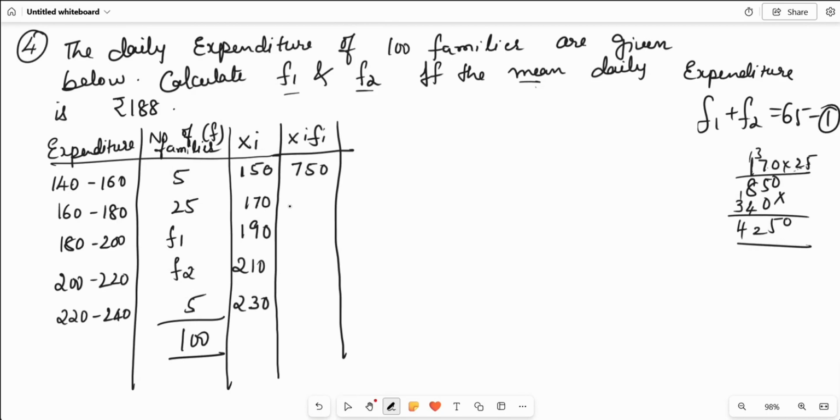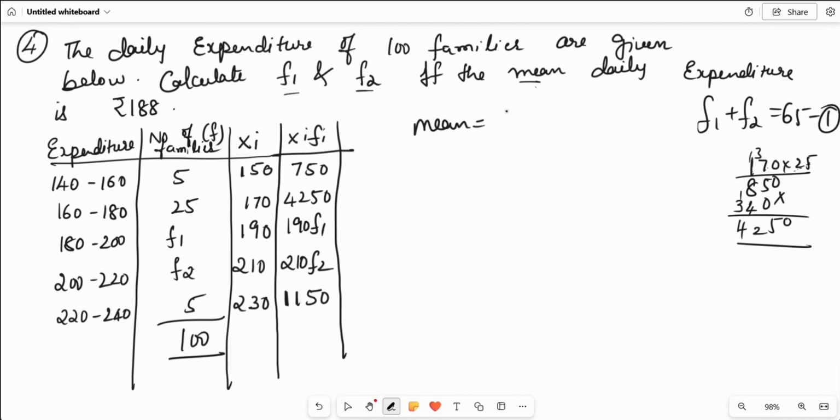Correct? Okay. Next one. 190 into F1. That is 190 F1. Okay. 210 into F2, 210 into F2. We'll write it as it is. Now 230 into 5, how much you will get? 1,150.